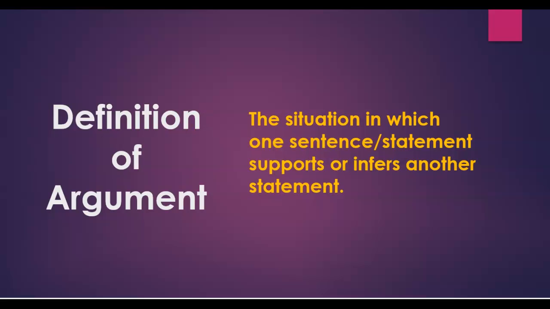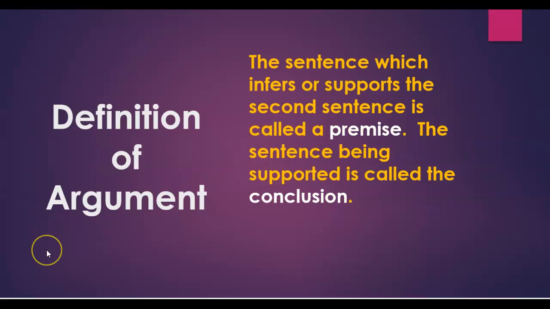All right, so you have basically a claim, and this claim is going to be supported by another sentence, by some evidence. So this sentence or evidence is going to lead to, support, infer the conclusion in an argument. Now, the first sentence, the sentence that supports or provides evidence for the second sentence, we will call a premise.